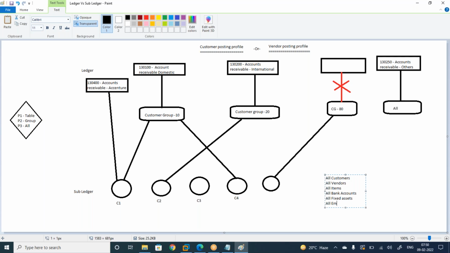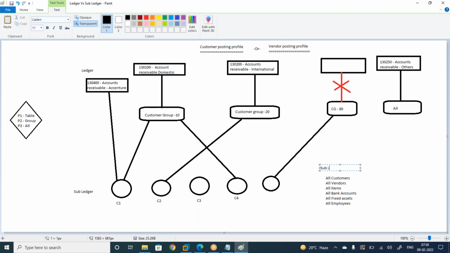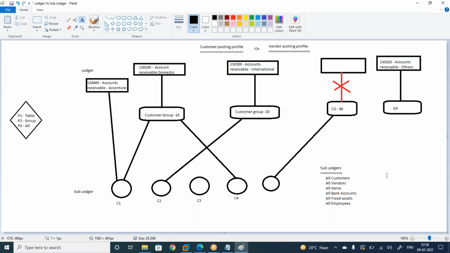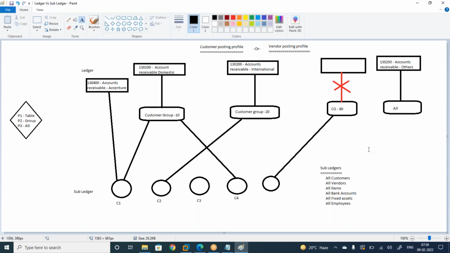All employees are subledgers. The same rule is applicable for customers, vendors, items, bank accounts, fixed assets, and employees.